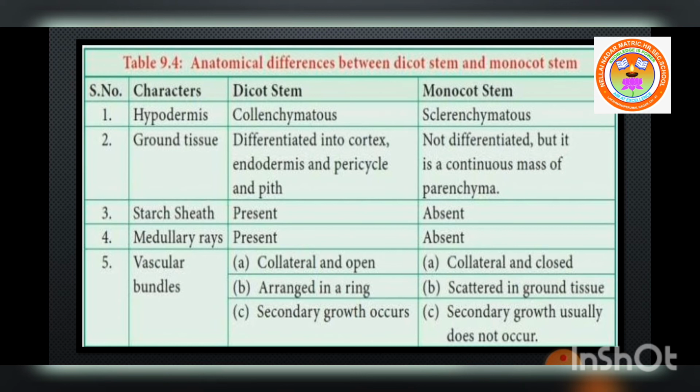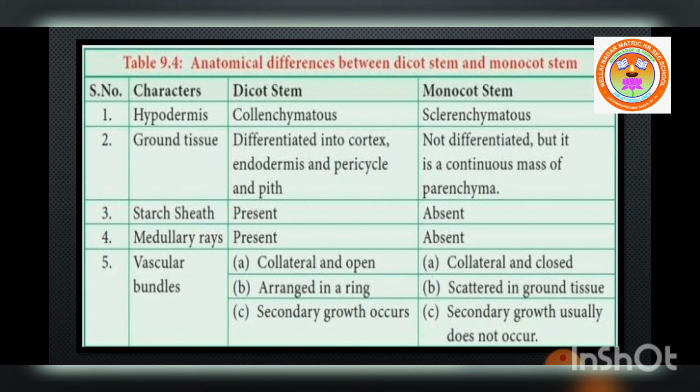Regarding hypodermis, in dicot stem, it is made up of collenchymatous cells. In monocot stem, hypodermis is made up of sclerenchymatous cells. Hypodermis provides mechanical strength.